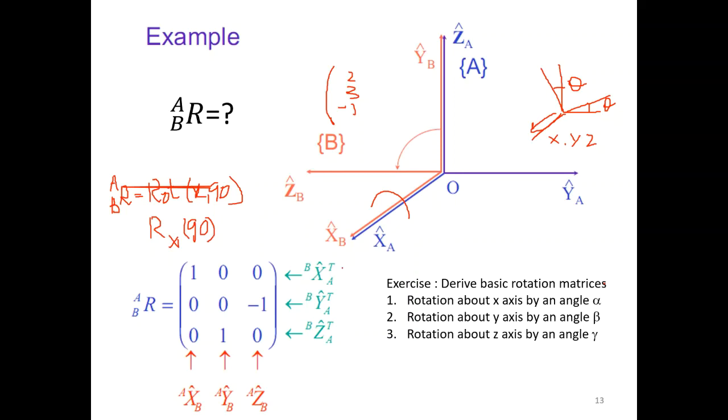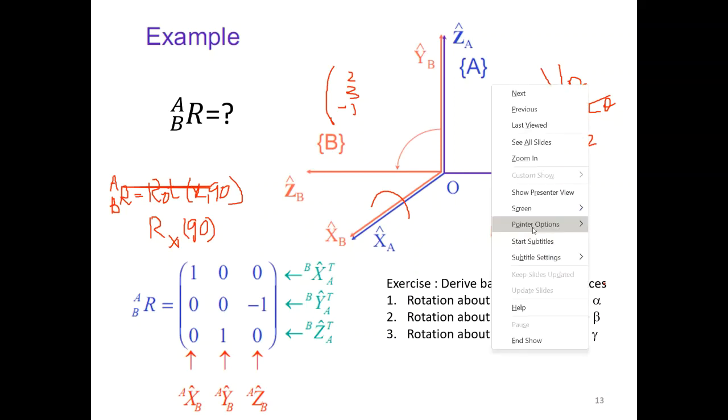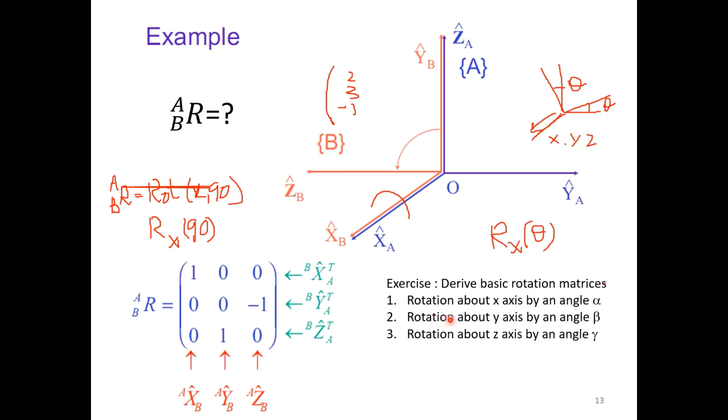So what I'm asking you to do as a homework is: get me Rx theta, the rotation matrix for a rotation around the x-axis by an angle theta. And then get me the rotation about the y-axis by an angle beta, and the rotation about the z-axis by an angle gamma.